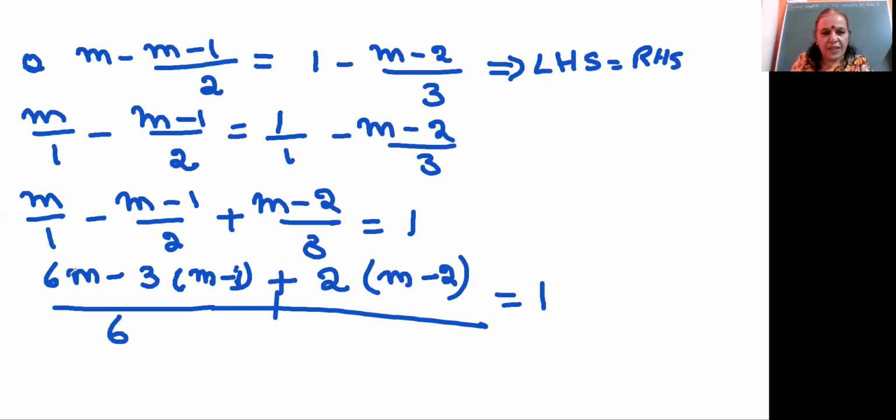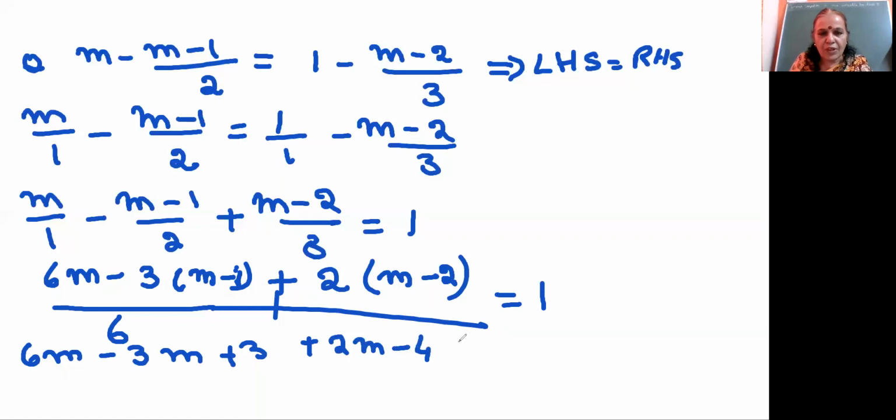That is 6m minus 3m minus 3, and then minus into minus is plus 3, and then here plus 2m minus 4 is equal to 1, and then cross multiply.